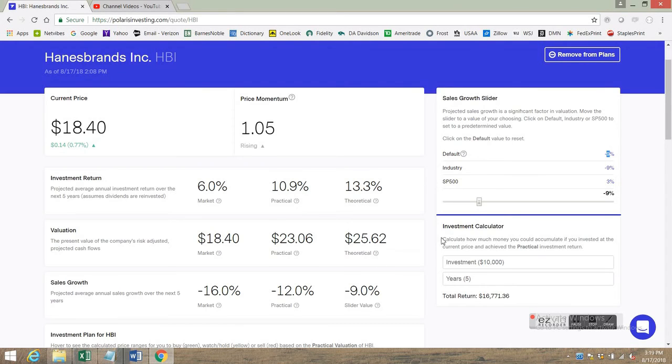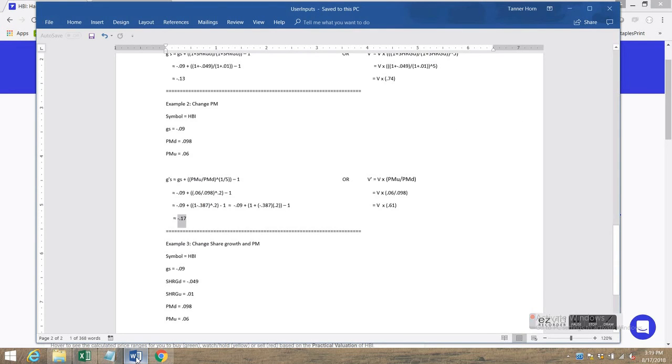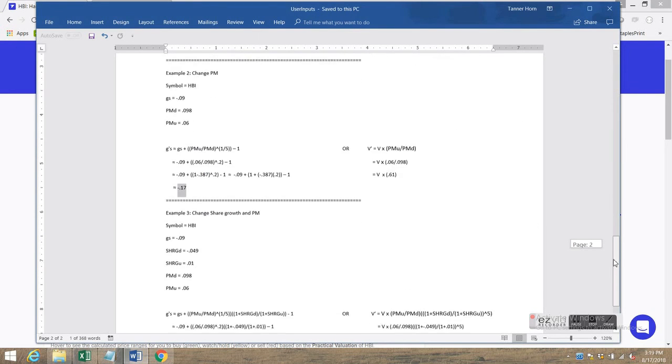You would just move the growth till you get to about 15.3. And that difference is 11% between the default, and that's what you would likely get if you were to go through the math as well.